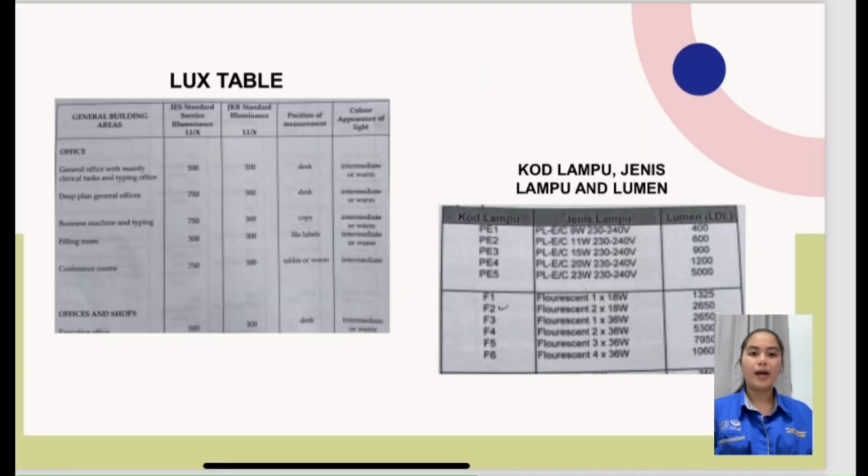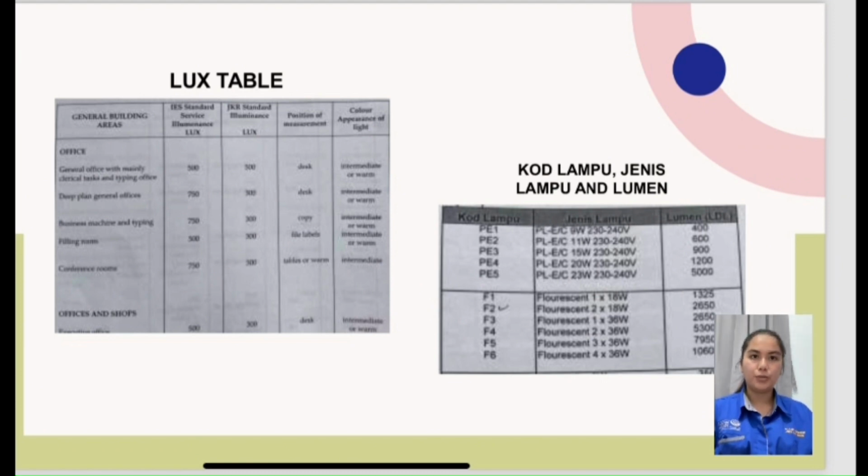For actual lamp, I use the formula: lux multiplied by length and width, multiplied by width, divided by lumen multiplied by COU multiplied by MF. The quantity of lamps I get from the calculation of actual lamp is 5.61 and I choose 8 lamps.